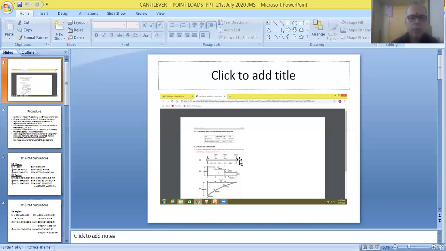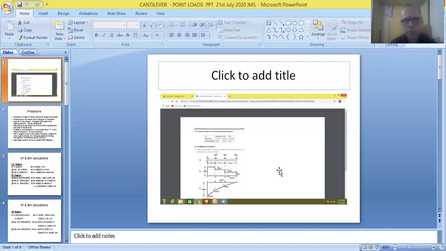A load of 800 newtons acting at the free end of the beam, and a load of 500 newtons acting at a point 0.8 meters from the free end of the beam, and one more load of 300 newtons acting at a distance of 0.5 meter from the fixed end of the beam.